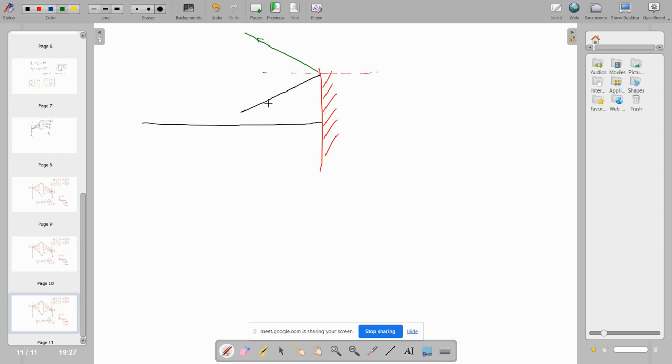Now if I am drawing a ray, it will be my theta 1. This is the direction of incidence, the ray coming this way. So this is theta 1, that will be the same as this theta 1. We know the law of reflection, so this will be theta 2. This is the direction of that reflected ray.